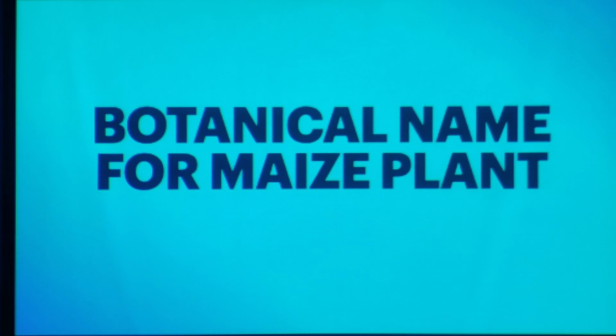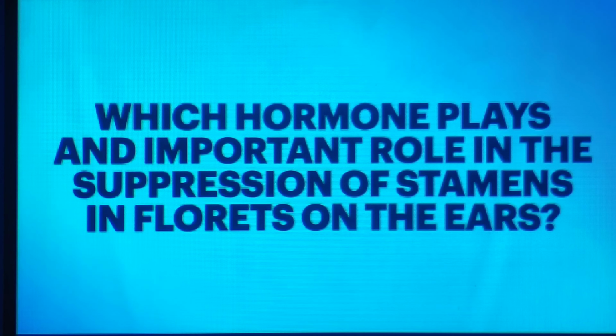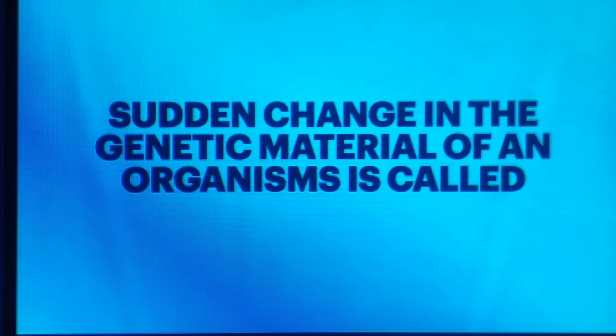In maize, the pistillate flowers originate from axillary bud. Which hormone plays an important role in the suppression of stamens in florets on the ears? Gibberellin. Sudden change in the genetic material of an organism is called?